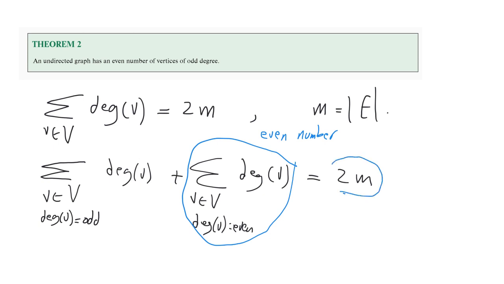And this guy here is also an even number, and therefore the sum of the degrees of vertices with odd degree is the difference of 2 even numbers, and that is again an even number. And because each one of those guys is an odd number, now the total number of them has to be an even number.